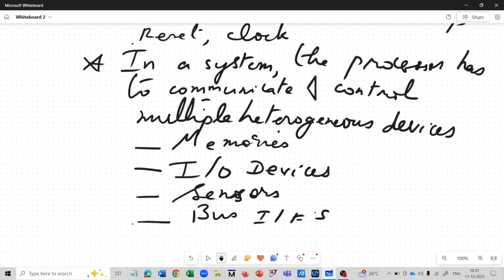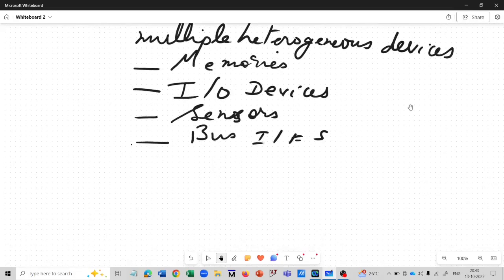They have an address bus, they have data buses, and maybe additional lines and some related handshake lines. But many of the IO devices may have hardware interfaces which are totally different from the processor interfaces. Similarly, the sensors and buses. So what I'm trying to drive at is that these devices cannot be directly interfaced to a processor.